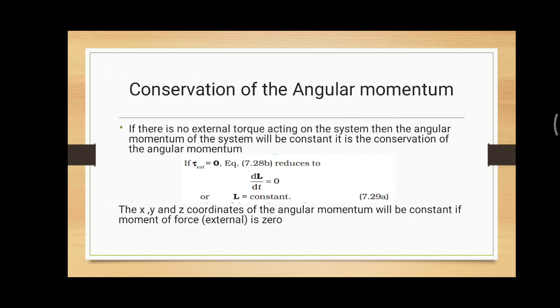Now let us come to the conservation of angular momentum. The same as in the case of conservation of linear momentum, if there is no external force acting upon the system of particles, then the momentum will be conserved. Same here, if there is no torque acting upon a system of particles, then the angular momentum will be conserved. That is dL/dt will become 0, that is L becomes a constant.